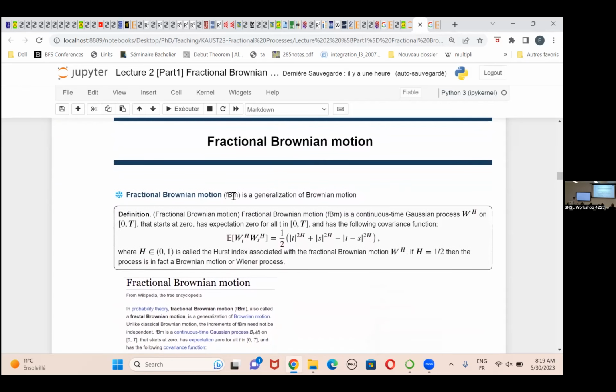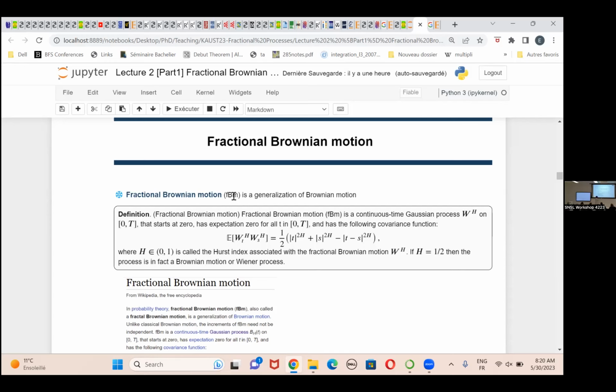I mentioned fractional Brownian motion. Let's see how it's related to this object. First, let's go back to the definition. What's a fractional Brownian motion? Of course, there are several equivalent definitions. One way to start is to say that it's a continuous, centered Gaussian process that starts from 0 and has this particular covariance function, entirely determined by some parameter H that we call the Hurst index.